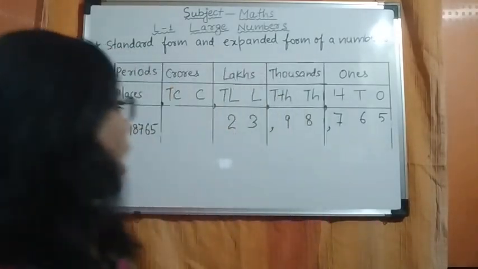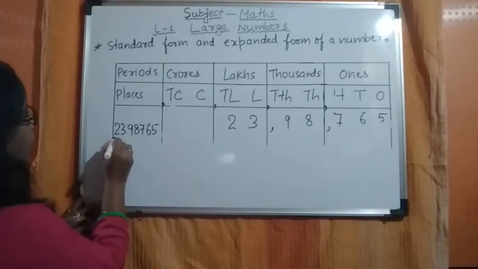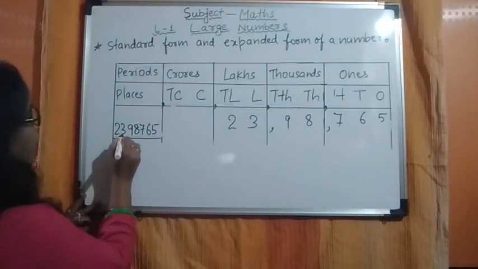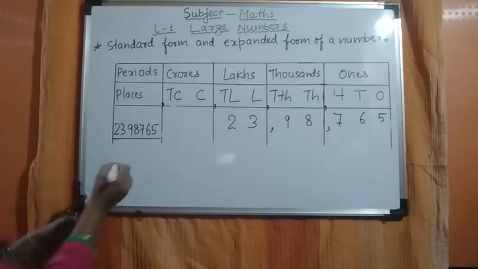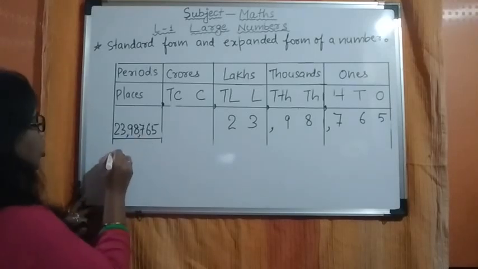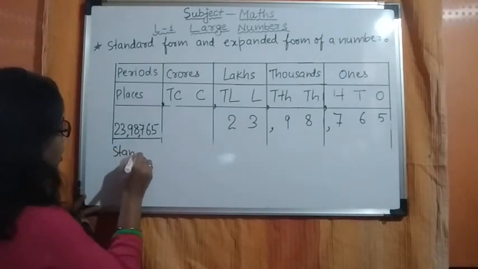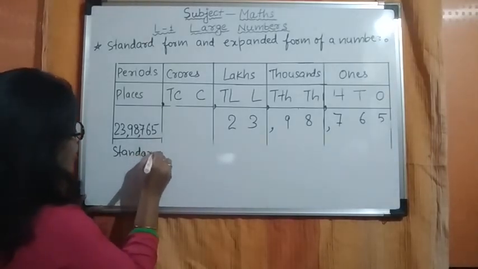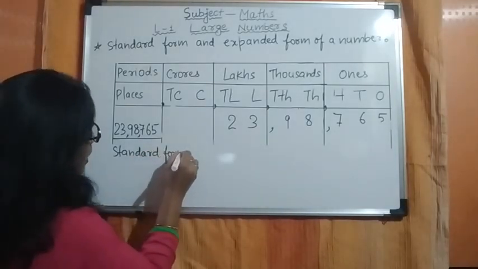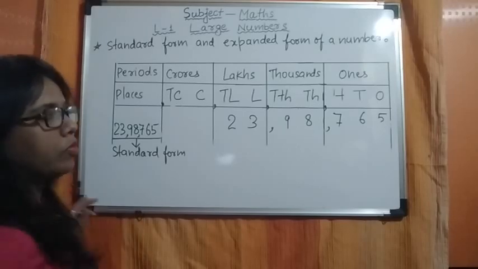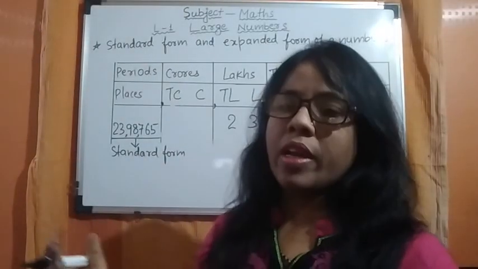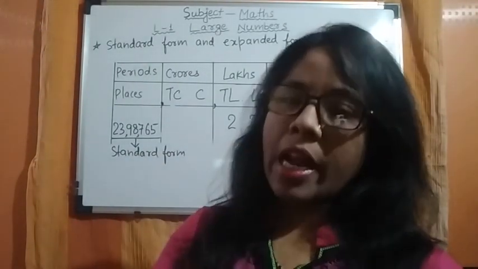So you will write it like this: 23,98,765. This is called the standard form. You write the number in figures, that is called the standard form.